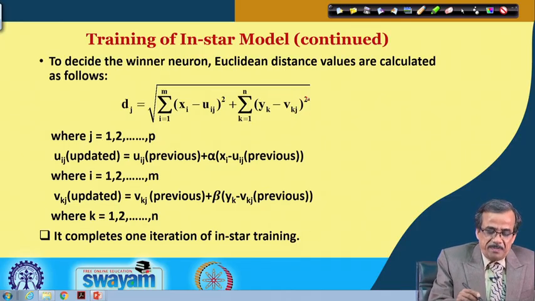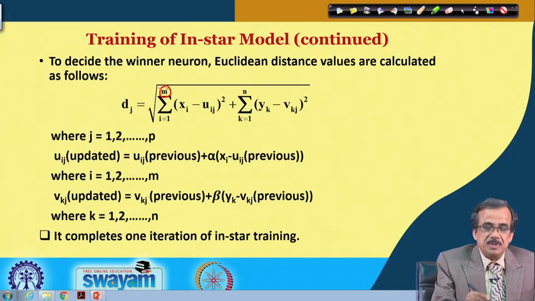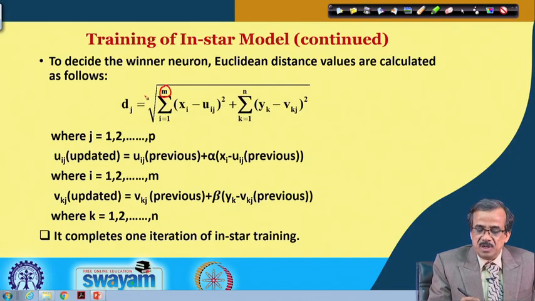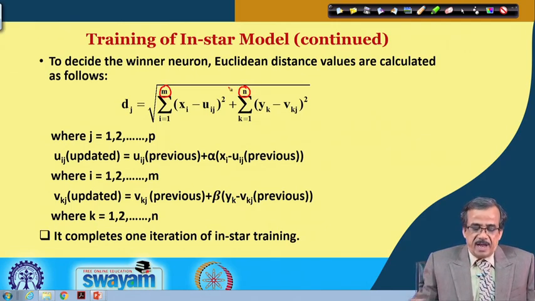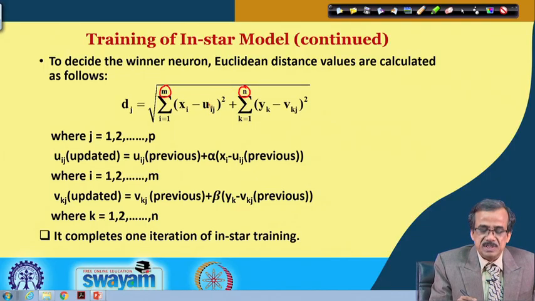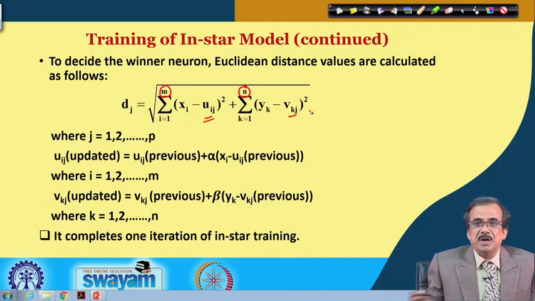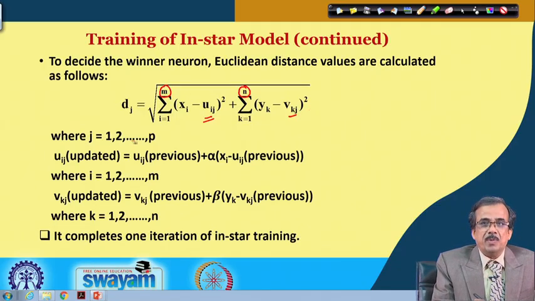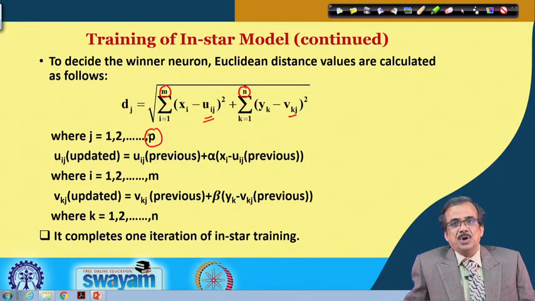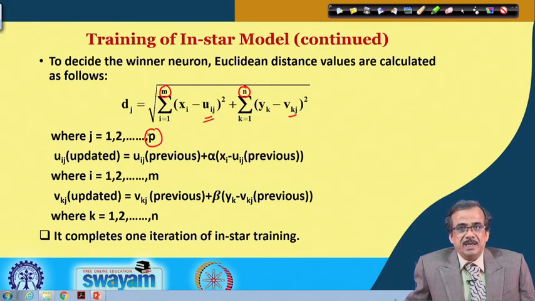Now, if you remember, we have got small m number of x inputs and small n number of y inputs, and this u i j is nothing but the connecting weight, and v k j is nothing but the connecting weight, and here j varies from 1 to p. So, p is nothing but the total number of neurons lying in the hidden layer.